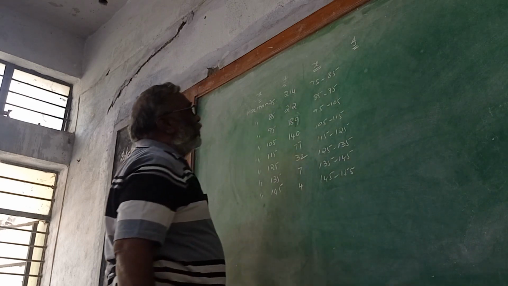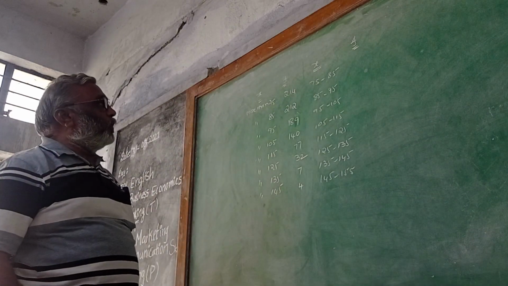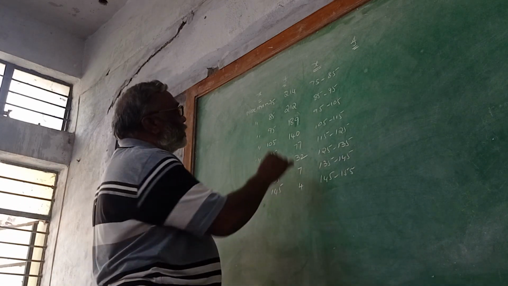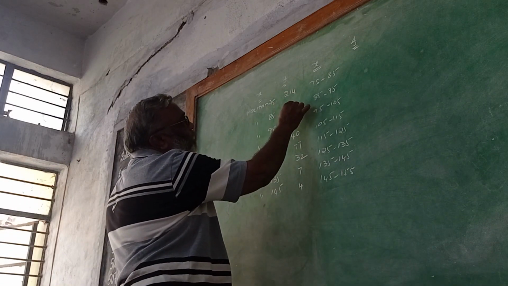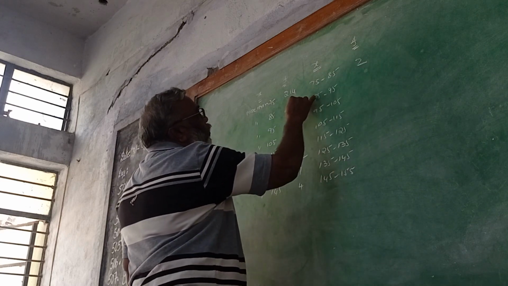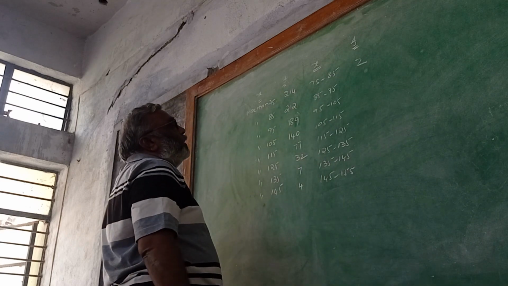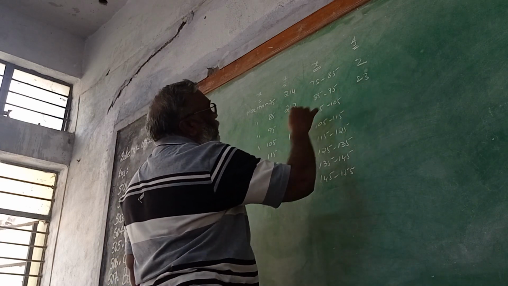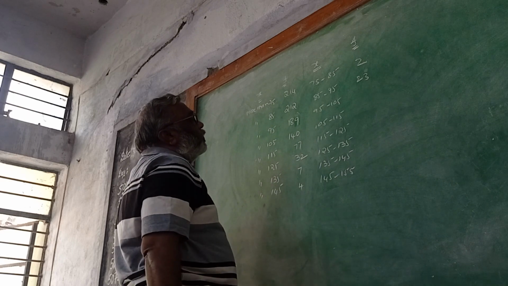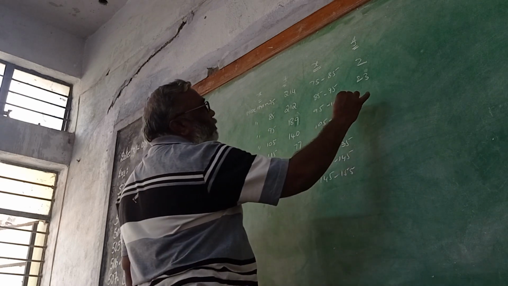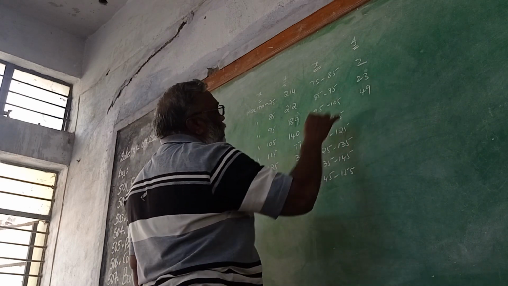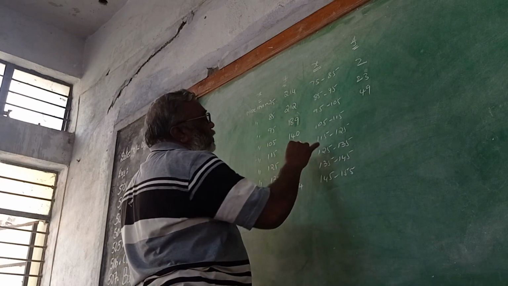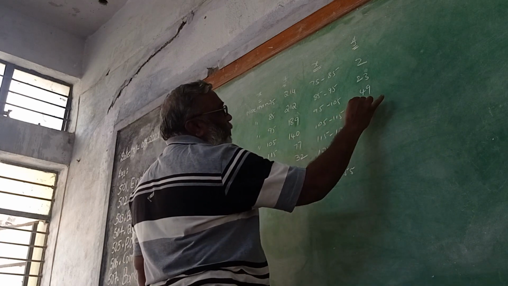Here is the frequency. Frequency is cumulative frequency. This frequency is separated for each class. 214 minus 212, 212 minus 190, 189, 23, 189 minus 140, 49, 140 minus 77, 63.